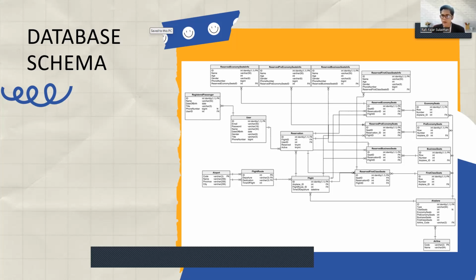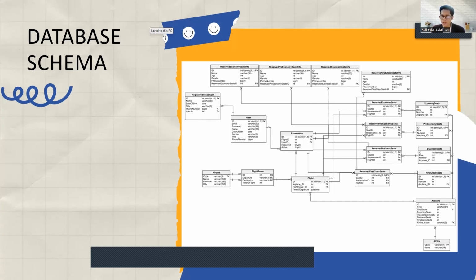And then connected to airplane, we have the first class seats, the business seats table, the premium economy seats, and the economy seats. For each of those tables, we have inserted a row, a number of the seat, and the airplane ID it belongs to.